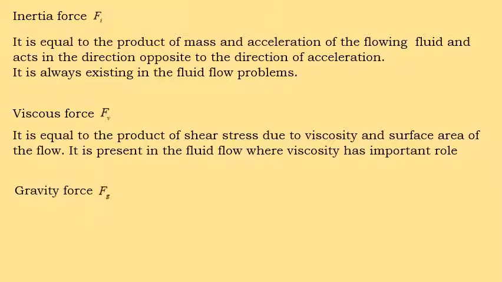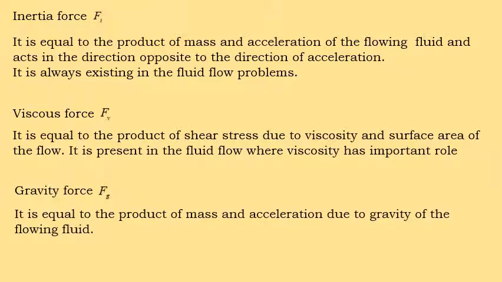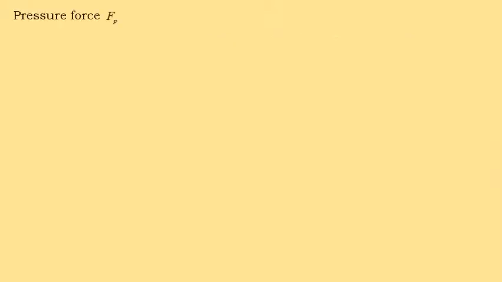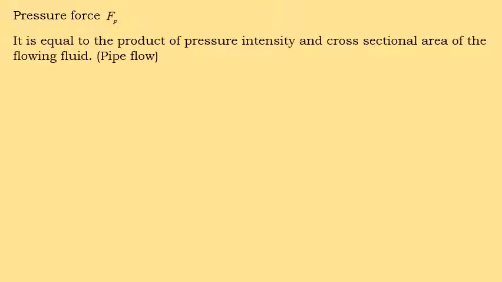Next, gravity force Fg is equal to the product of mass and acceleration due to gravity of the flowing fluid. Next, pressure force is equal to the product of pressure intensity and cross-section area of the flowing fluid. That is common in pipe flow, where the fluid is flowing at a certain pressure.